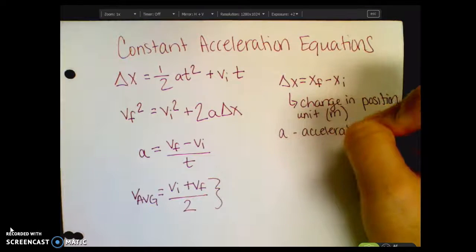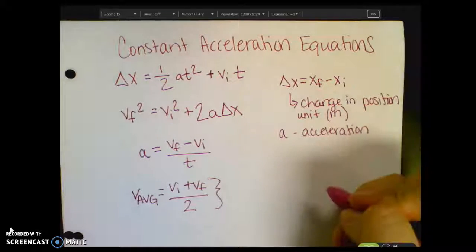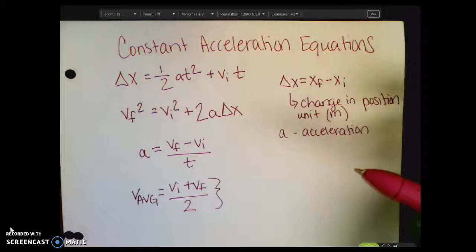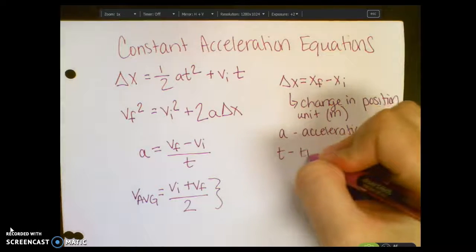We will never deal with a change in acceleration because in physics, or at least this class, we only deal with constant accelerations. You don't get into changing accelerations unless you're going to take mechanics in college. And of course, if you go on to take mechanics in college, you can email me and ask me all about changing acceleration, but we're not getting there yet. t, obviously, is time.